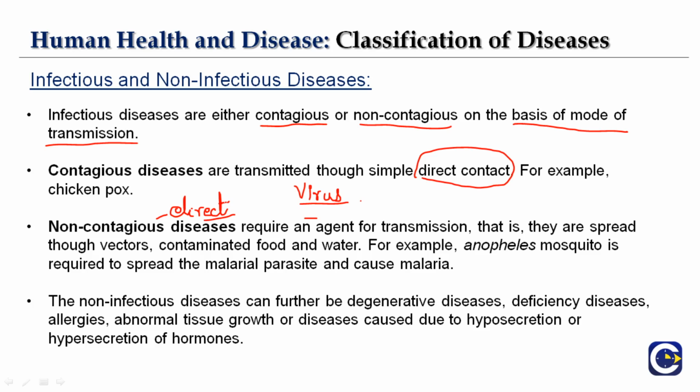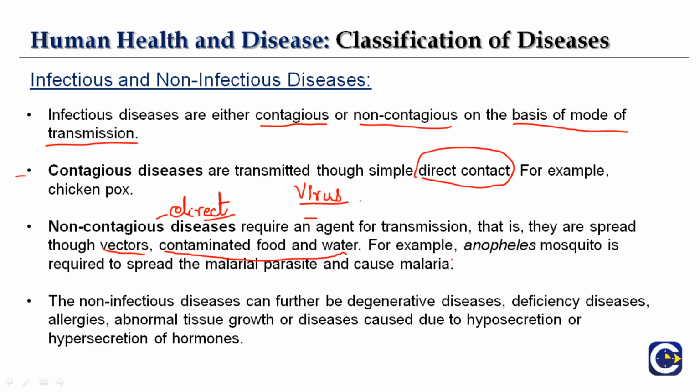They require an agent for transmission. That is, they might spread through vectors, contaminated food and water. If you take, for example, protozoan diseases, the mode of transmission, very often, would be contaminated food and water.